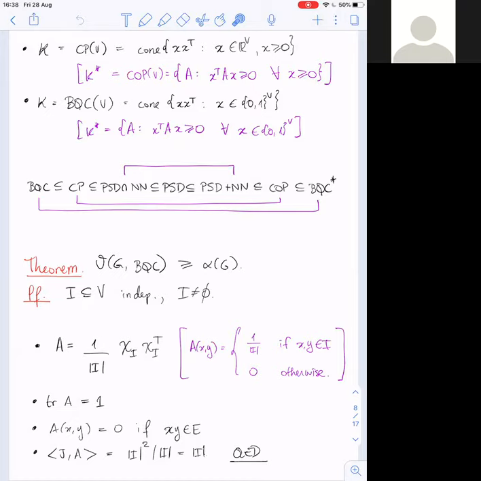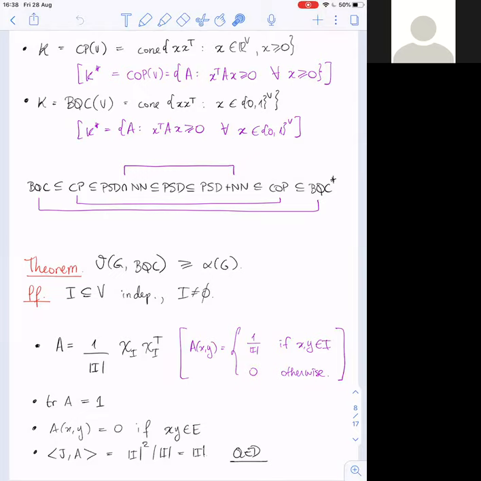The proof of this is very simple. If you take any independent set I which is non-empty, you can make a feasible solution. You just make A, the solution, equal to chi I times chi I transpose divided by the cardinality of I. So A of xy is going to be equal to 1 over the cardinality of I if x and y are in the independent set, and 0 otherwise.